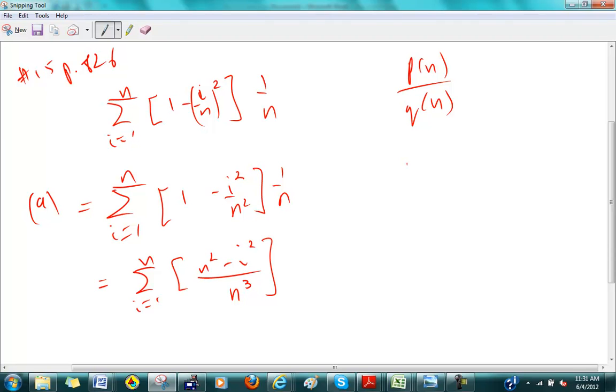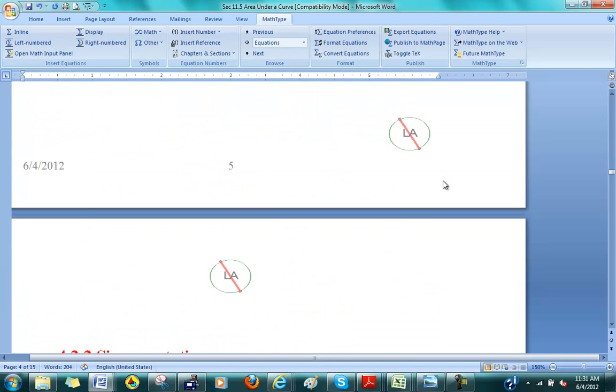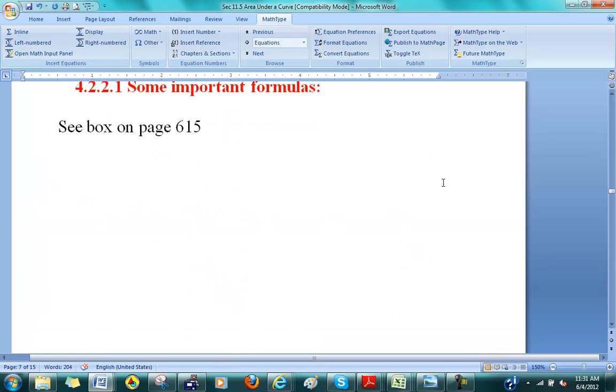Okay, this is a great problem for what you're going to need in a few minutes, okay? So what I want you to do is go to page 615. Do they repeat it in here? Do they repeat that on page 820? Okay. The reason why I want you to go to 615 is because I want to rub it into you that we've been there, done that.